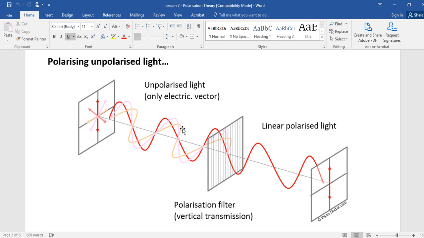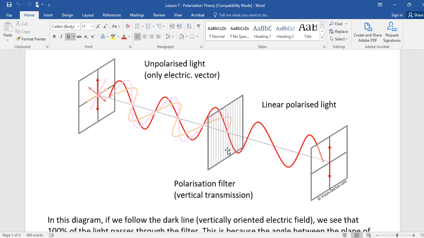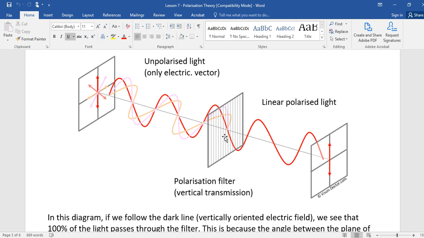Then this is the polarizing filter. The polarizing filter blocks certain angles of this unpolarized light of the electric field, and it lets some through. I guess it's pretty easy to see. This is a vertically orientated one, so only the vertical, no, sorry, only the vertical component of the unpolarized light can get through.